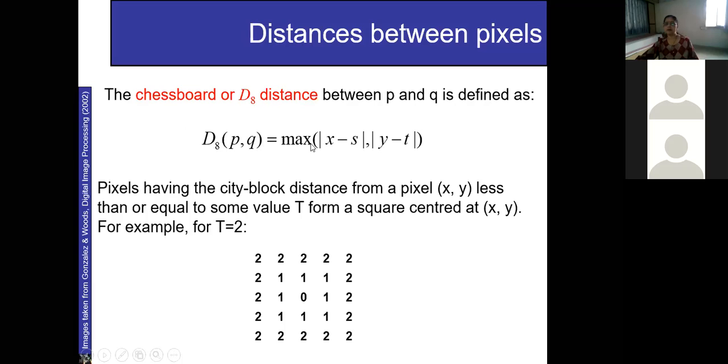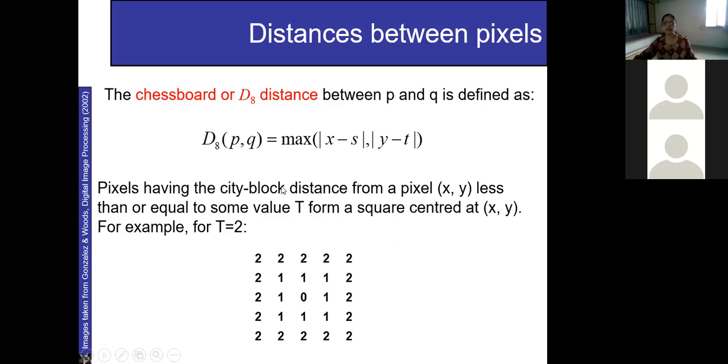D8(P,Q) is the maximum of the absolute value of x minus s and the absolute value of the difference between y and t. The maximum of this gives you the chessboard distance. So this is your chessboard distance for a given image. This is pixel P. Then all first neighbors are at distance 1. Next neighbors are at distance 2.